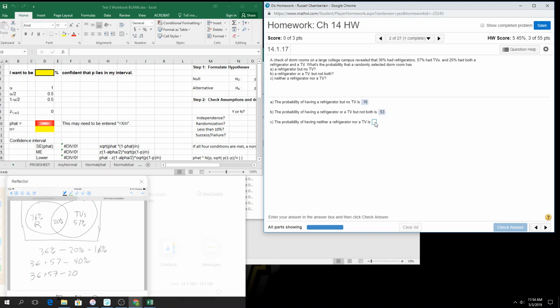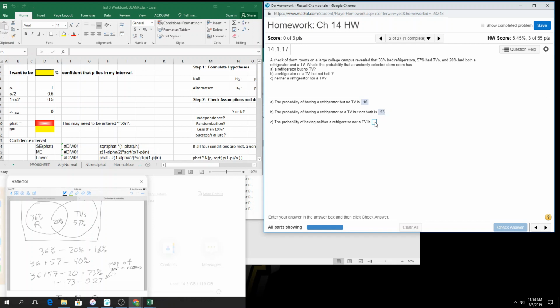All right, so 73% of people have one or the other or both, meaning that 1 minus 0.73 equals 0.27. That's the proportion of, what is it, dorm rooms?